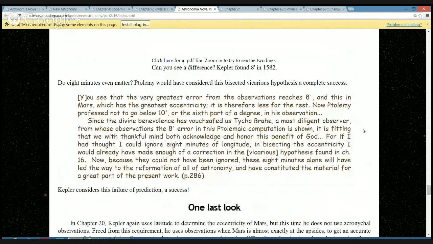He says, let me read this quote here. So after he finds this 8 minutes error, this quote's worth reading. He says, you see that the very greatest error from the observations reaches 8 minutes. And this is in Mars, which has the greatest eccentricity.